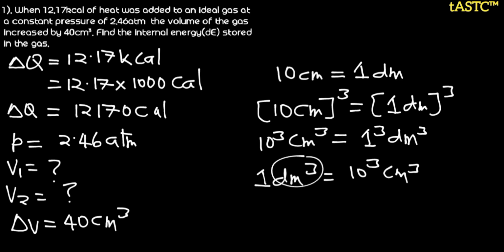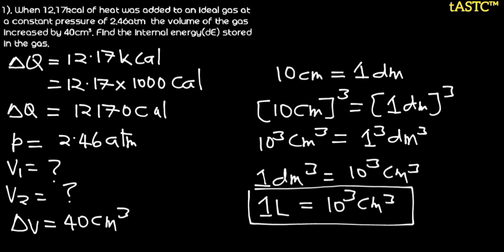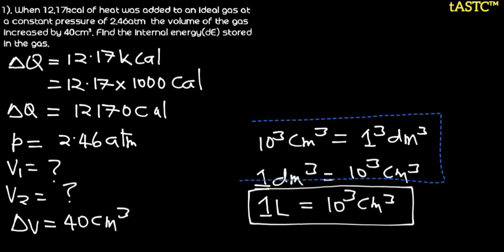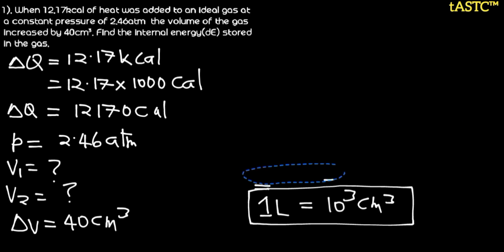Now, 1 dm cube is the same thing as 1 liter. So that is still going to be equal to 10 to the third cm to the third. So this is actually very needful. Now, we know that 1 liter is equal to 10 raised to the power of 3 cm to the third. So we need to change 40 cm to the third into liters.